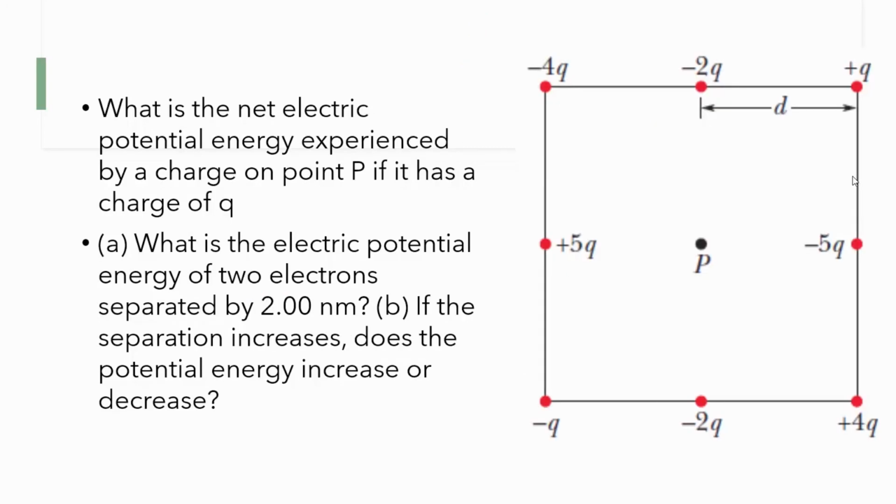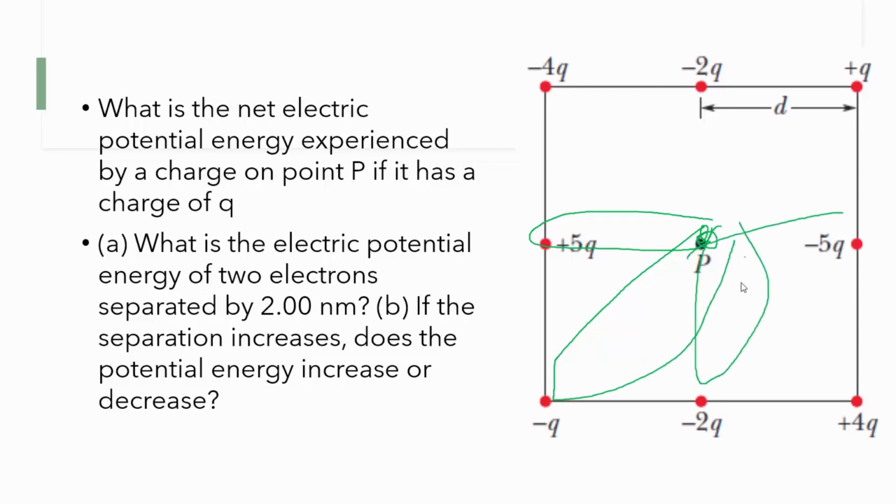Okay, next. What is the net electric potential experienced by a charge on point P if it has a charge of Q? So, ito yan. Medyo mahaba na to and feel ko di lalabas. Pero basically, compute mo yung electric potential individually between the pairs and then add ka na lang.